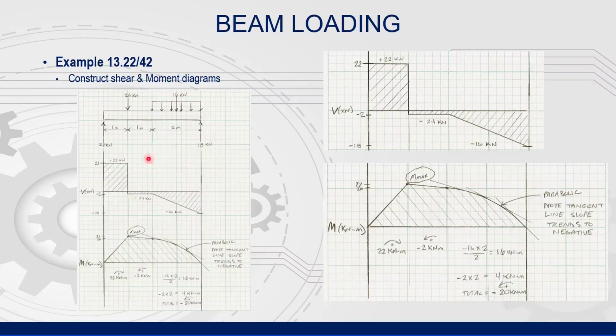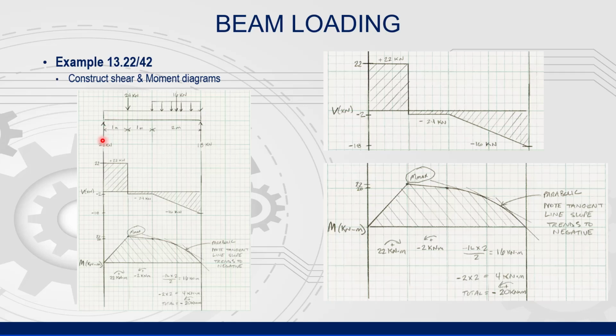Once we're done drawing the shear diagram, we need to calculate the area of each section, because that area is going to drive maximum points on our moment diagram. So let's take a look at how we create the moment diagram. Again, we start from the left-hand side, and we effectively have a clockwise moment. Therefore, it starts out going positive.